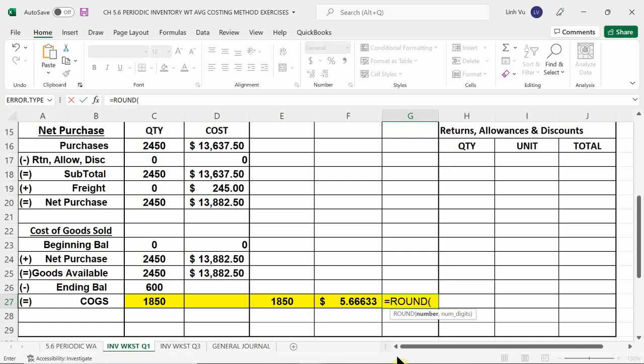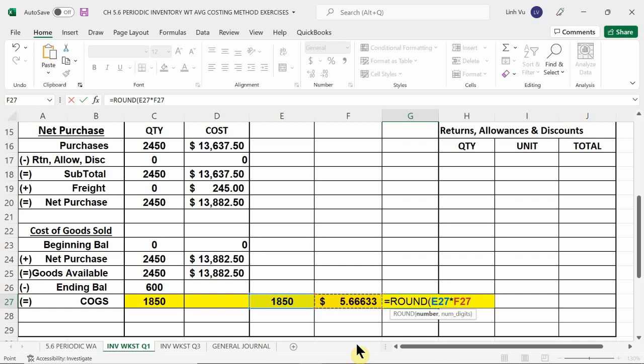In this case, what am I trying to solve? I'm trying to solve 1850 times 5.66633.